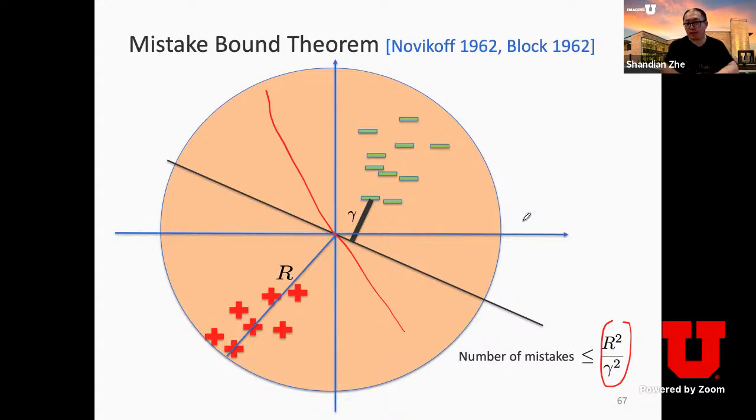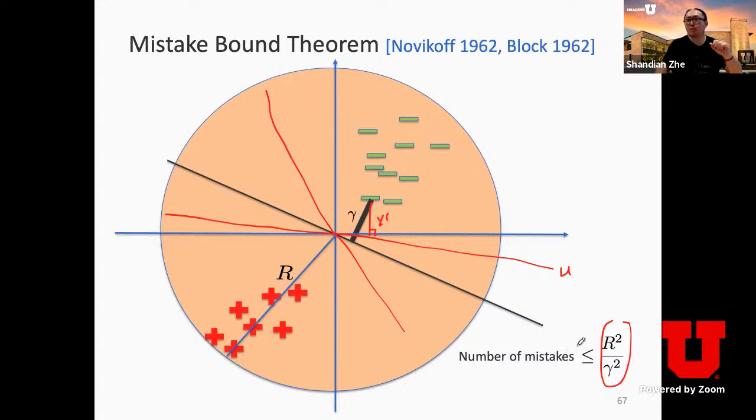Someone may ask, it looks like I can construct many bounds, right? Obviously, yes. We use this black line and its margin to construct a bound. I can construct a second bound, using this line as our U. We have a different margin, which might be like this, a second gamma, say gamma prime. You can use gamma prime and R to get another bound.